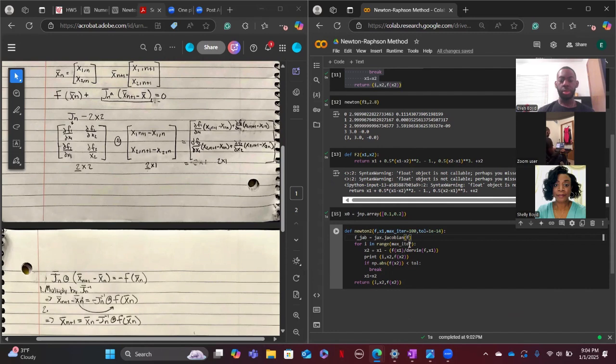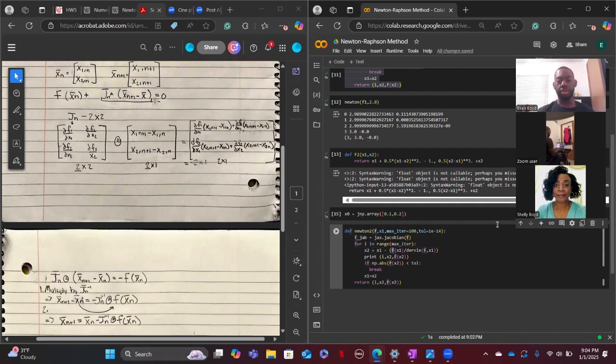Okay. So now we can go back to our for loop. So for i in range of max integer, let's say our x2 is equal to x1 minus, and now this will also be different.